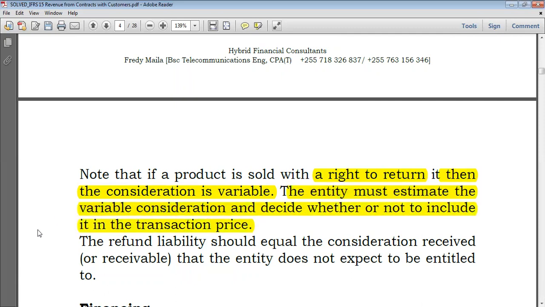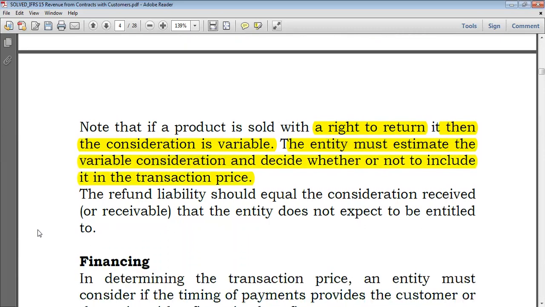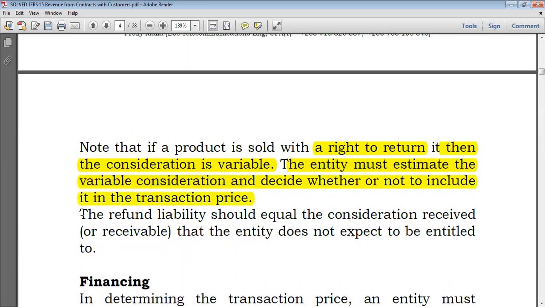You will have to do that. You're just going to see an example. And the last point is the refund liability. Suppose a customer returns goods that you sold to him for $20,000, then you have to make that refund liability, because there is a possibility that you have to refund that amount.